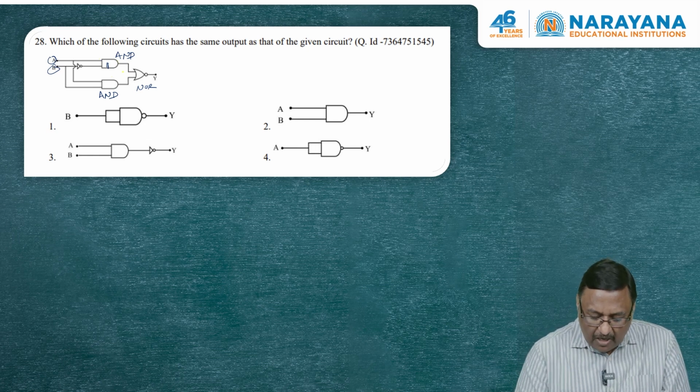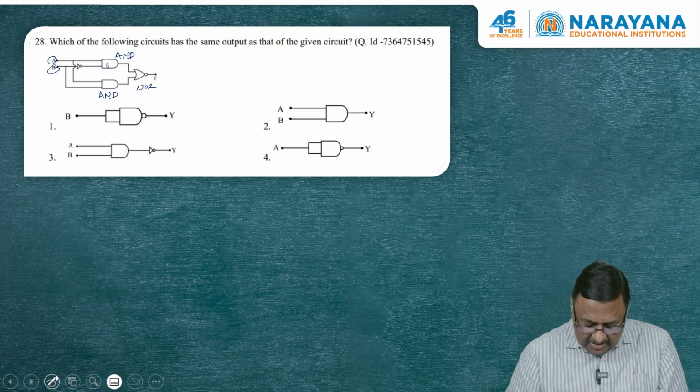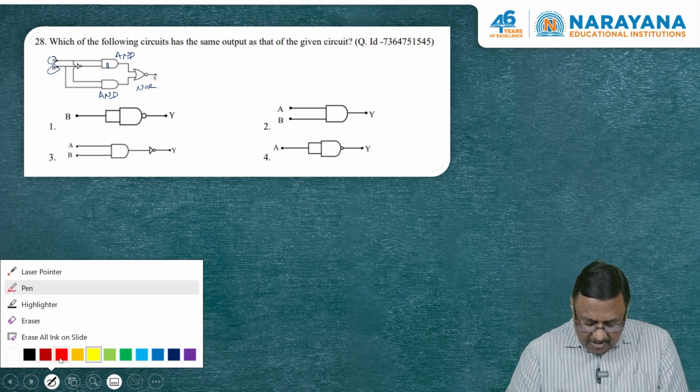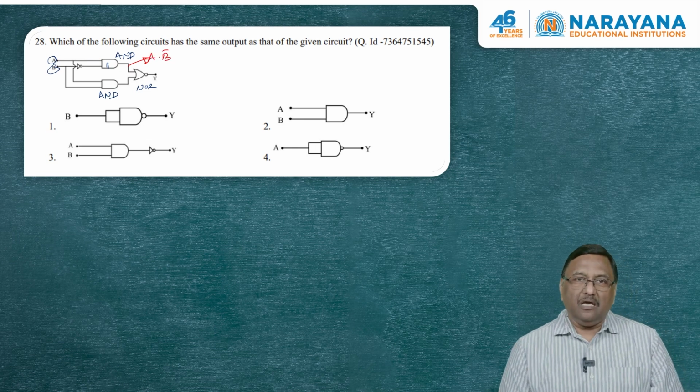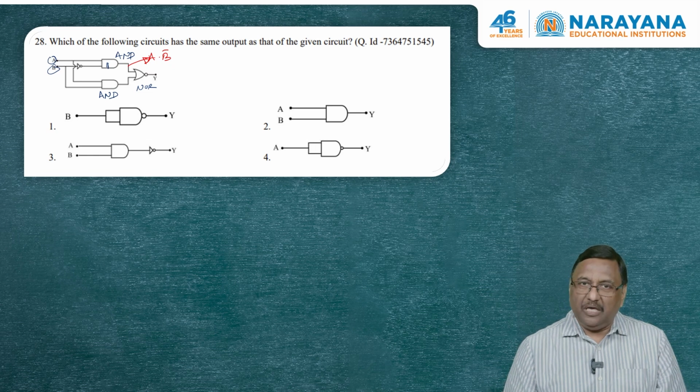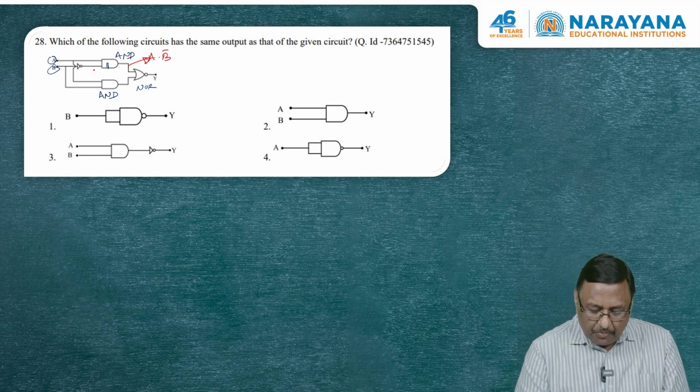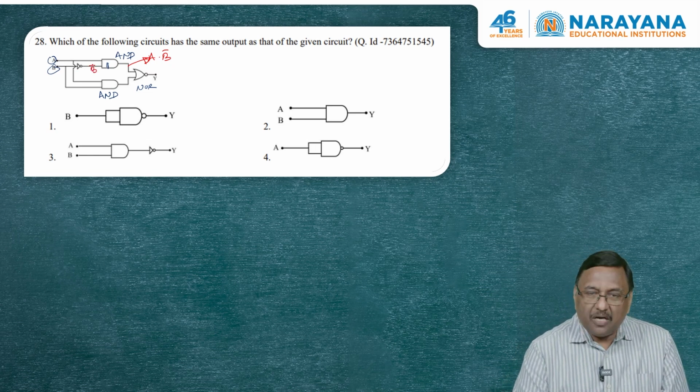For the upper one, the output is going to be nothing but A dot B bar, because an AND gate, A and B, means A dot B. So I'm writing A dot, but B is coming over here as B bar, so it's going to be A dot B bar.